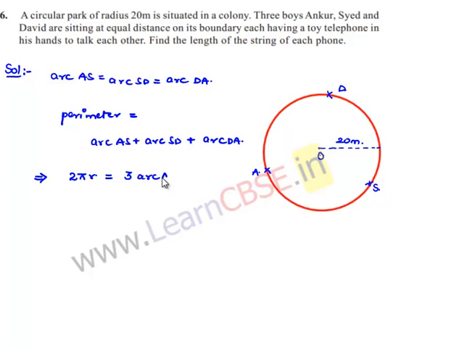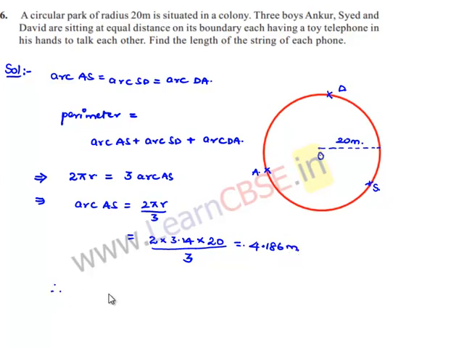Which implies arc length of AS is equal to 2 pi r by 3, that is 2 into 3.14 into 20, the given radius, divided by 3, which is 4.186 meters.